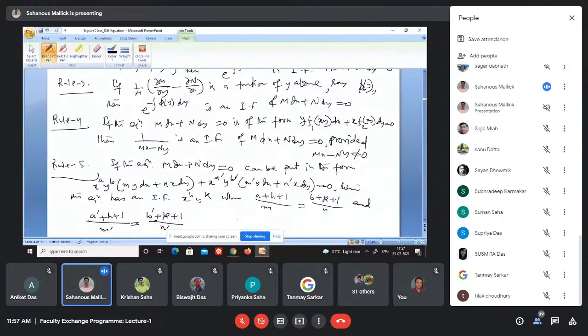If we solve this, we find h and k, and then x to the power h y to the power k will be the integrating factor of this equation. I also say that this rule is laborious due to calculation.